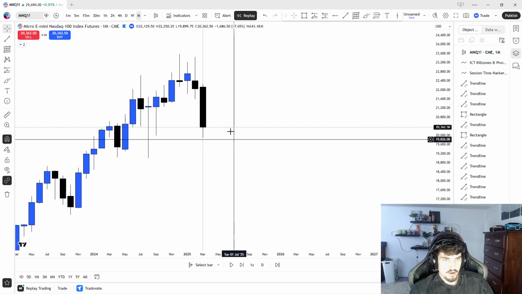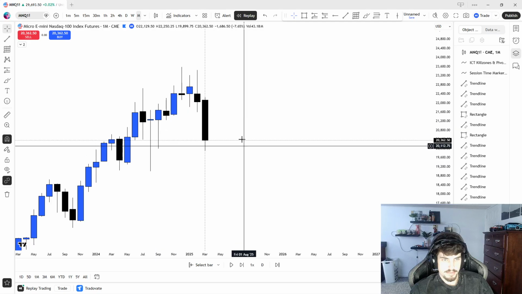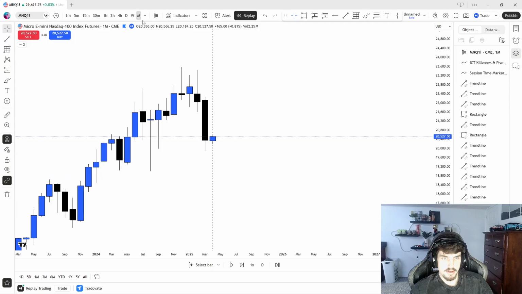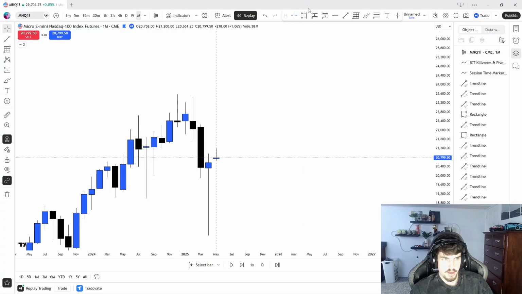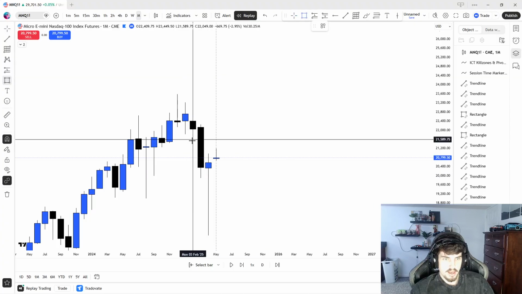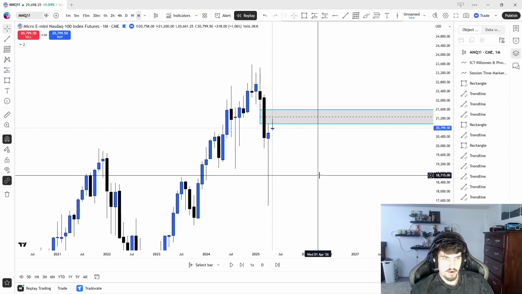Okay, so boom, we have these candles right here. We don't actually have our thing yet. Let me go to this. Okay, boom. We got a fair value gap. Let's just ignore that this candle even formed yet. But we got a fair value gap right here. What can we expect?